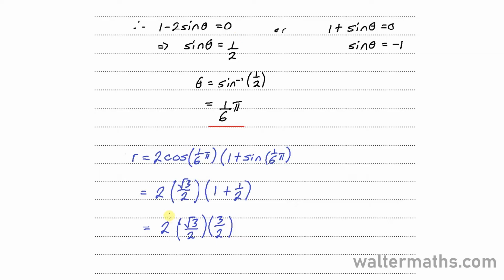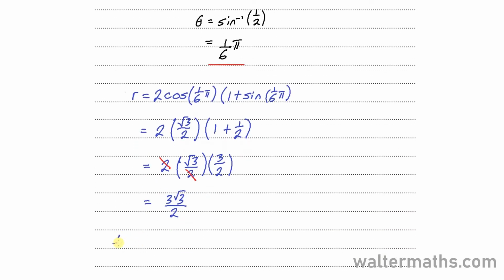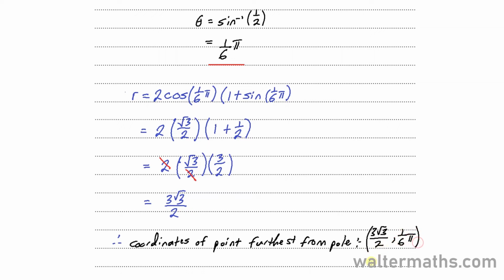And we can simplify this. 2 and 2 cancel out, such that we are left with 3√3 over 2. So therefore, the coordinates of the point furthest from the pole are in the form r, theta: 3√3 over 2 and a 1/6 pi. So that's the answer right here.